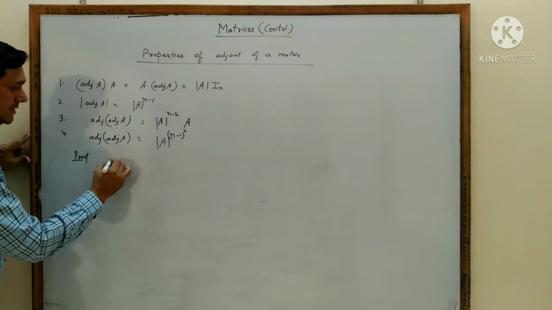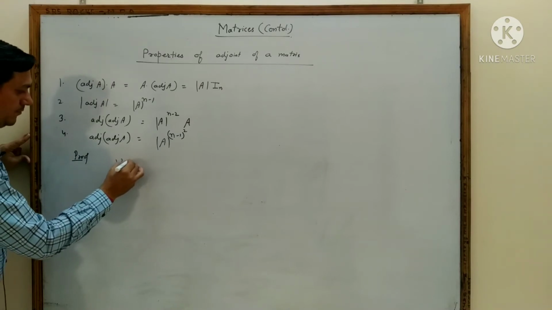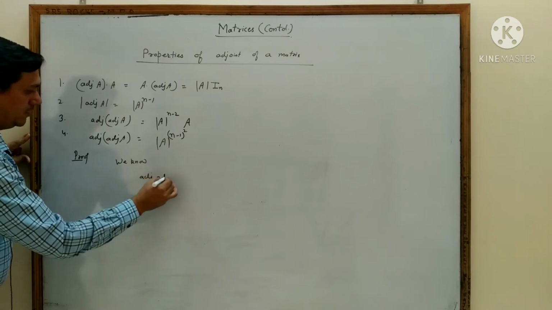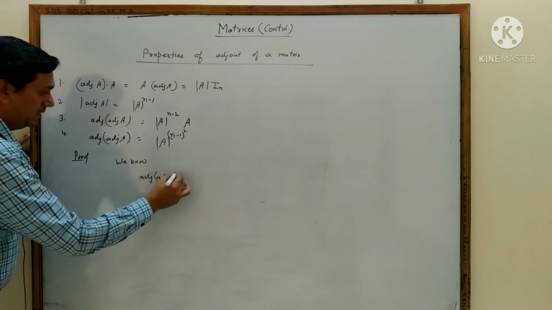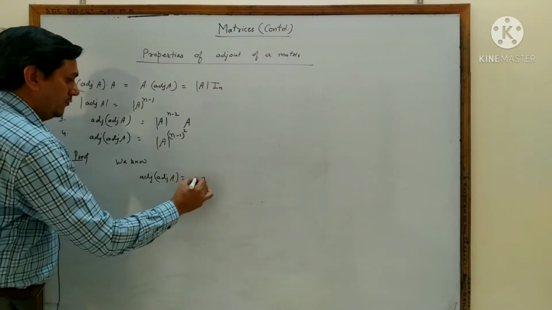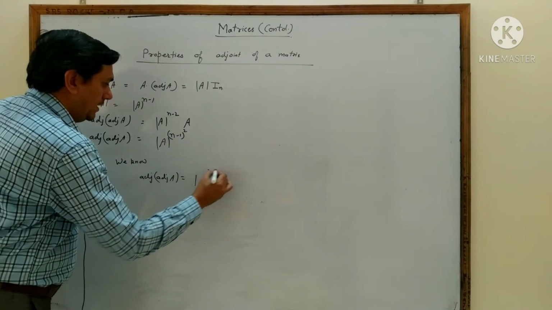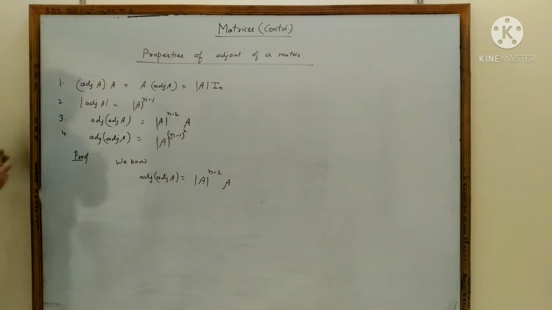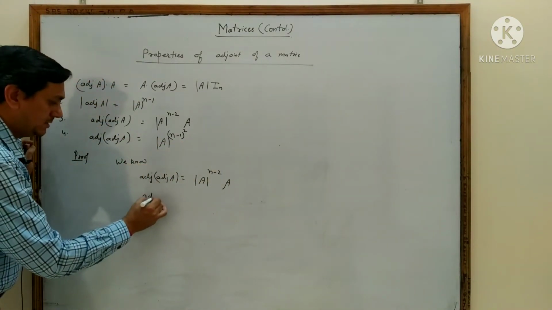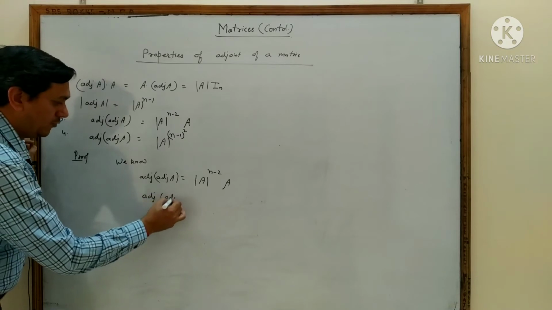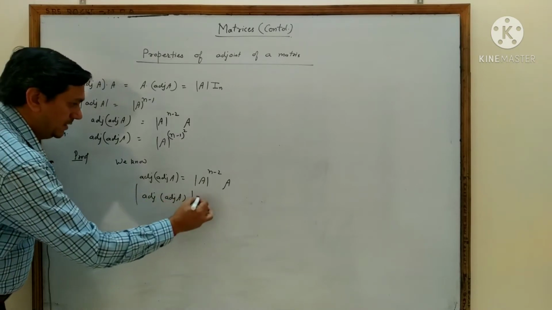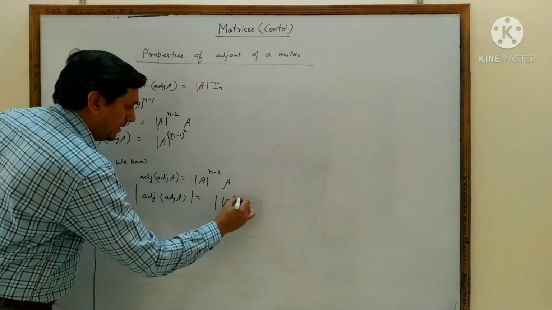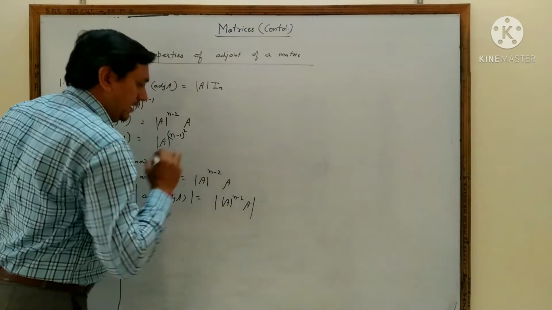By the property mentioned at serial number 3, we know adjoint of adjoint of A is equal to determinant of A raised to the power n minus 2, multiplied by A. Now taking determinant on both sides, the determinant of adjoint of adjoint of A is equal to the determinant of determinant of A raised to the power n minus 2 times A.